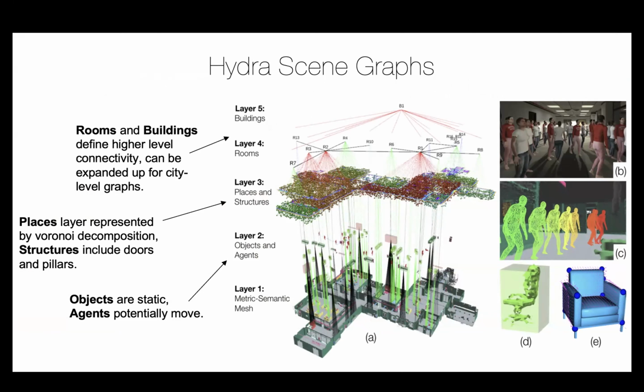Luca comes from SLAM heritage of building detailed geometric representations of the environment, but he has started to build hierarchical representations that take the very low-level geometric mesh that we use for collision avoidance and start to abstract representations of places and rooms in the environment, buildings, objects in the environment, and actually maintaining explicit linkages between the representations of the different levels of the hierarchy.